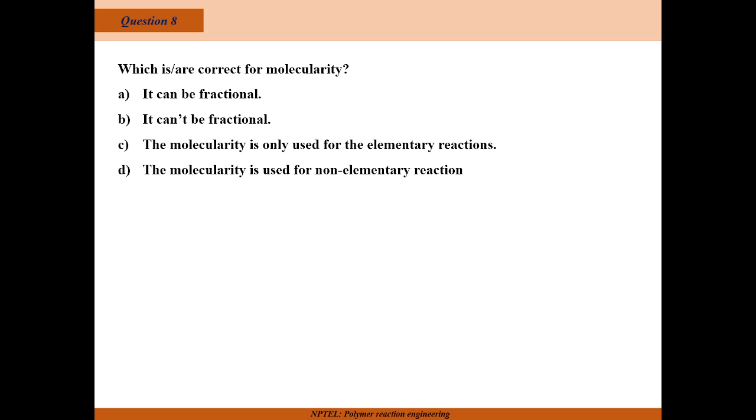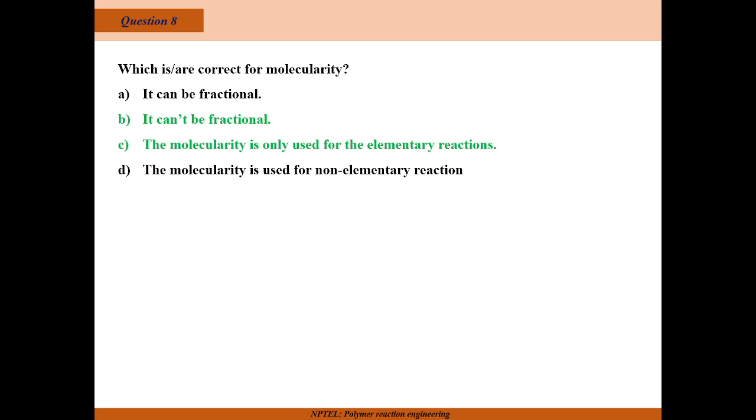Then I think we can discuss the answer now. Molecularity is basically considered when we have a non-elementary reaction, because in a non-elementary reaction there will be a series of reactions happening in parallel, whereas in an elementary reaction it is just A and B producing C. In that case molecularity is a wider sense of answer.